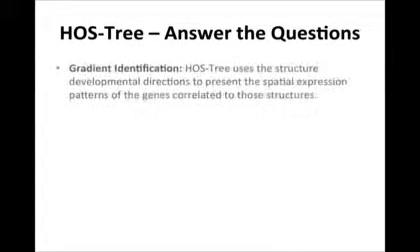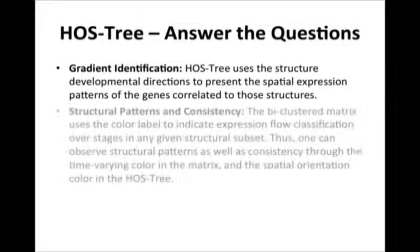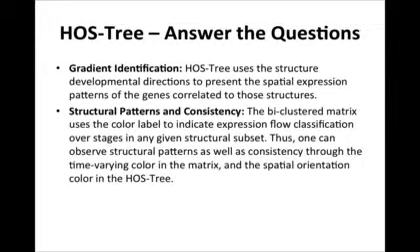Answer the questions. Gradient identification. HouseTree uses the structural development directions to present the spatial expression patterns of the genes correlated to those structures. Structure patterns and consistency. The biclustered matrix uses a color label to indicate the expression flow classification over stages in any given structure subset.